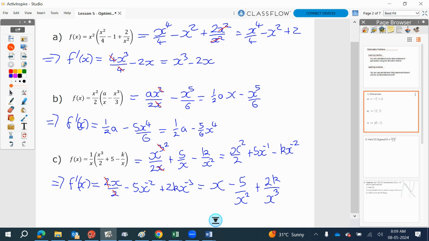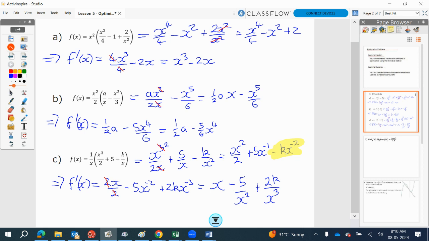For the second last part, why is it 2kx? You have the power of negative 2 here at this point, so it's this term that we're deriving. We do minus 2 times negative k, which gives plus 2k. And then x to the minus 2 becomes x to the minus 3. We take 1 away.